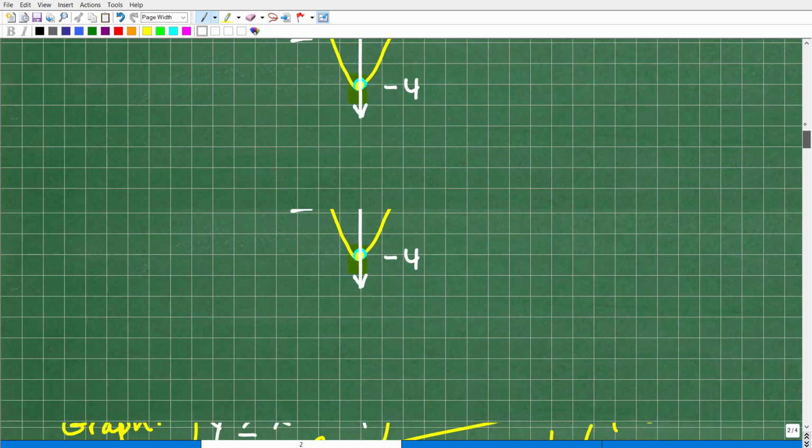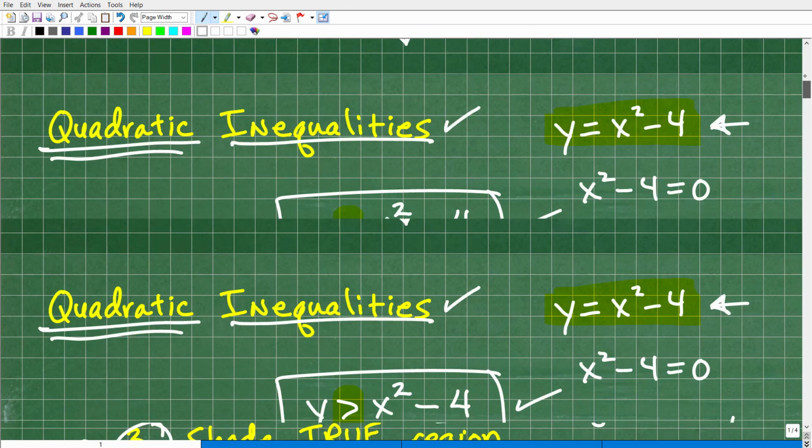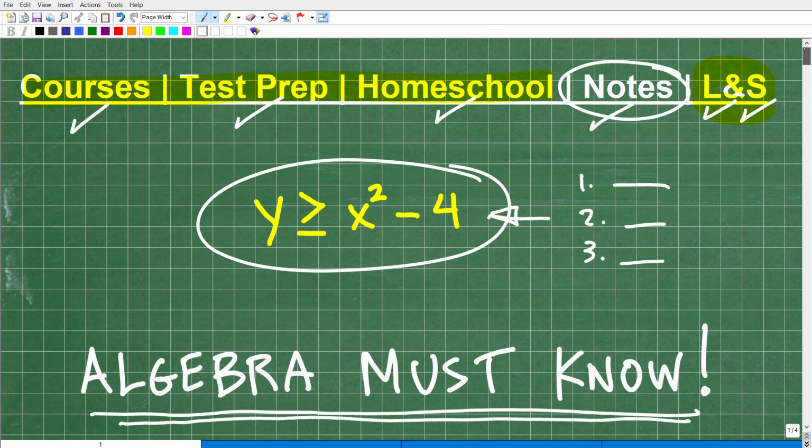Okay, so this is how you do quadratic inequalities, and this was a very simple parabola, or quadratic function, to work with. You certainly can have much more complex inequalities, and inequalities in terms of functions are everywhere in mathematics, so you need to know how to do them. Again, if I'm saying this is an algebra must-know, I really mean what I'm saying.